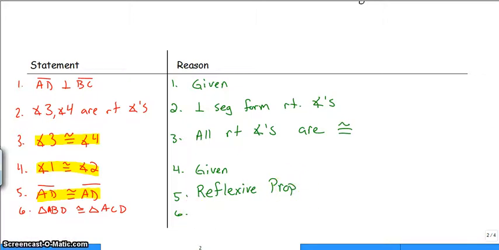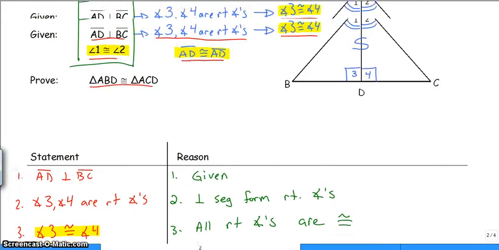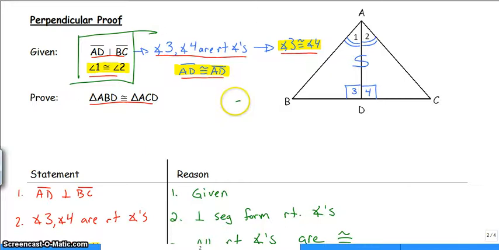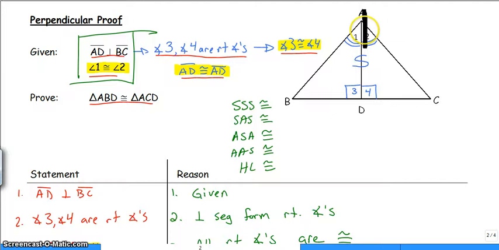And the final one is always tricky as well. How do I know these triangles are congruent? I have side, side, side congruence, side, angle, side congruence, angle, side, angle congruence, angle, angle, side congruence, or HL congruence. Hide one of your triangles. We don't need both of them to determine this.